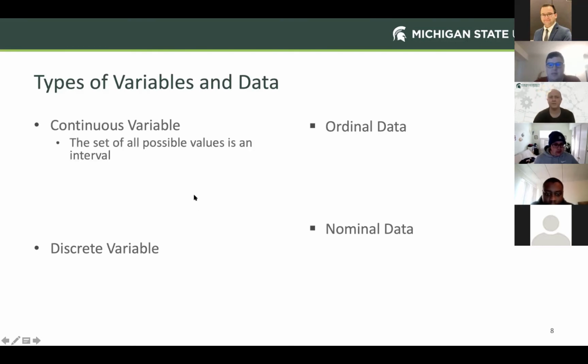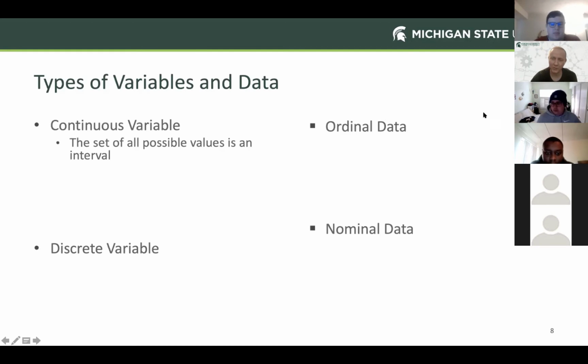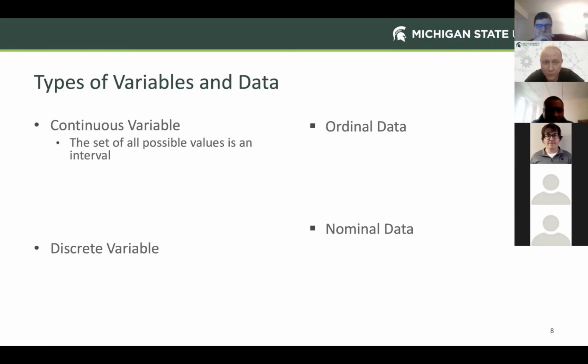And so, okay, so first of all, continuous variables. Now we've been working with data that's continuous or essentially continuous probably ever since we started doing math and or science. And so when we talk about a continuous variable, it's basically a variable where our possible values cover a range or an interval, and they can take any value within that interval, with the caveat that there'll probably be some limitation in terms of the level of fidelity or accuracy for our measurement devices.